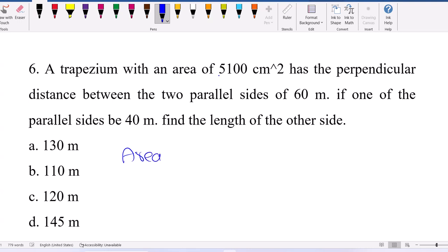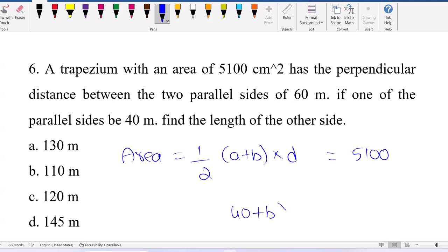Area is nothing but half into sum of parallel sides into distance between parallel sides. They've given that as 5100 already. Sum of parallel sides: one side is 40, the other side you need to find.